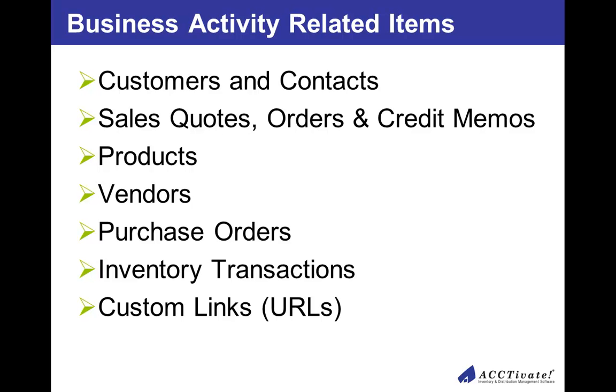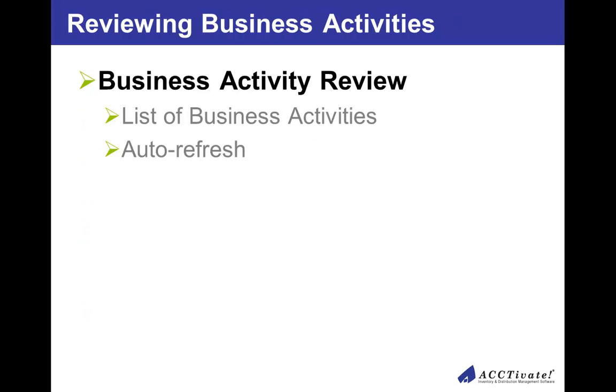But instead of having to open UPS's website manually and type in the tracking number, you can define a custom URL that will take you straight to the UPS site and track that package for you. This is similar to what we do on our shipping workstation interface, but you can also do the same on business activities.